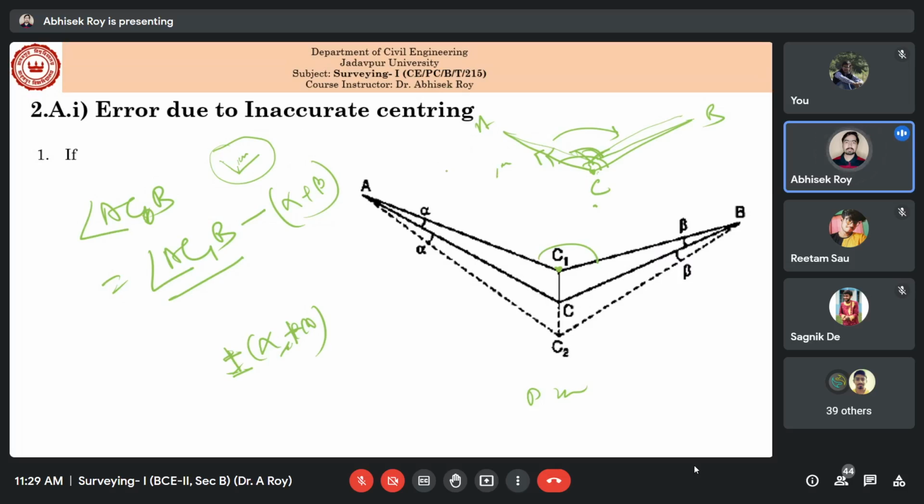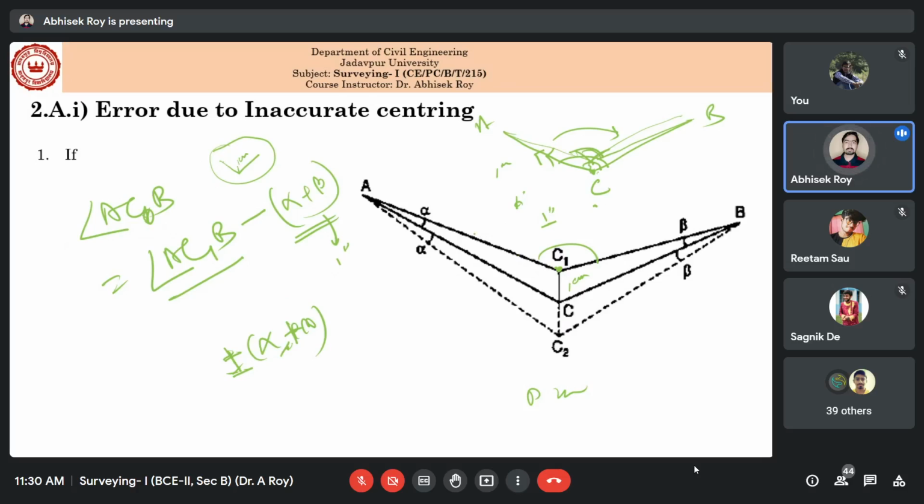So suppose you are doing a centering error of 1 centimeter, and the side is suppose 32 meters long, then your error in the angle will be around 1 second in that case.